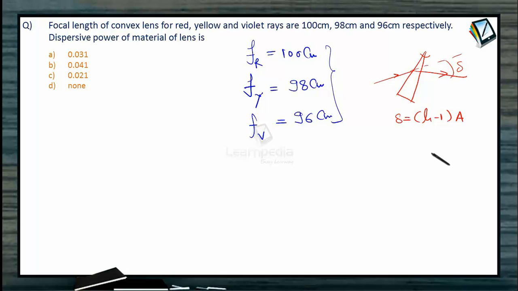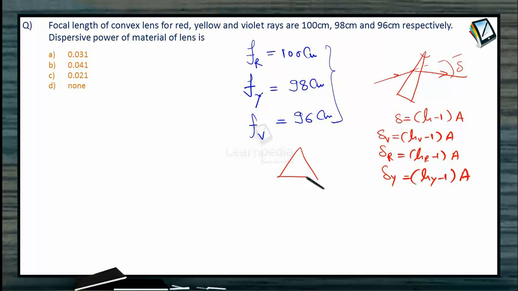As we know, for different colors we have different values of mu. So delta for the violet is equal to mu violet minus 1 into A. Delta for the red color will be mu red minus 1 into A, and delta for the yellow color is mu yellow minus 1 into A. When a light ray is incident on a prism, different color segments are separated.